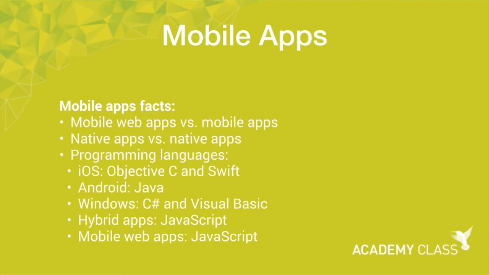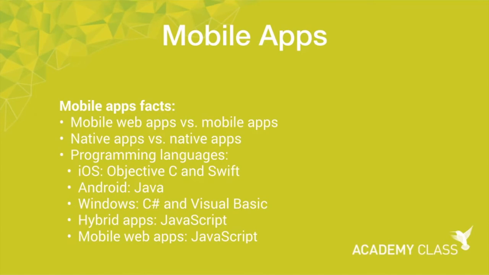So right now we're going to talk about mobile apps. If some of you have experience in developing mobile apps, you can say, okay, what are you going to talk about, since iOS apps are developed using Objective-C and Swift, Android apps are developed using Java, and Windows apps are developed using C# and Visual Basic.